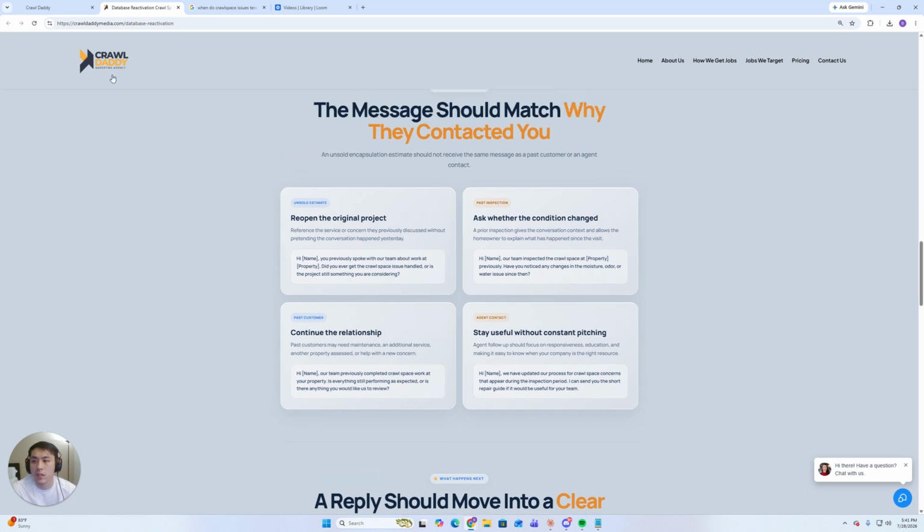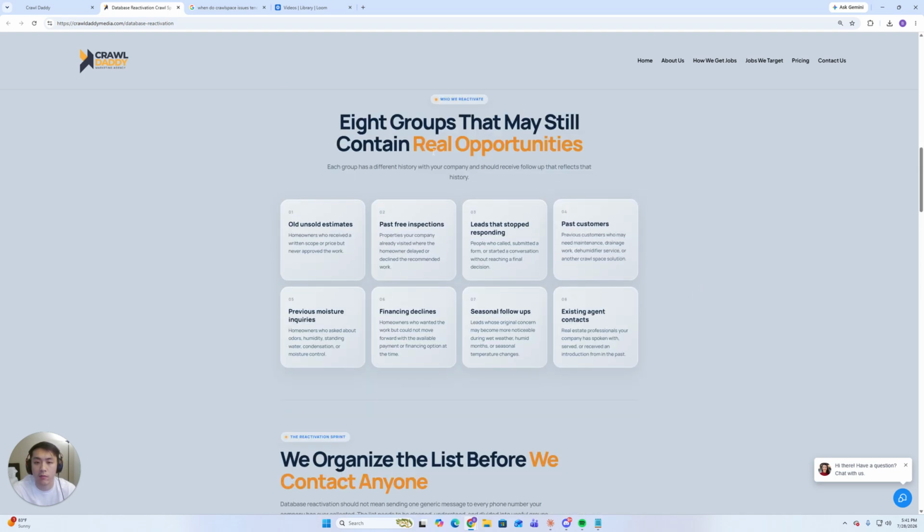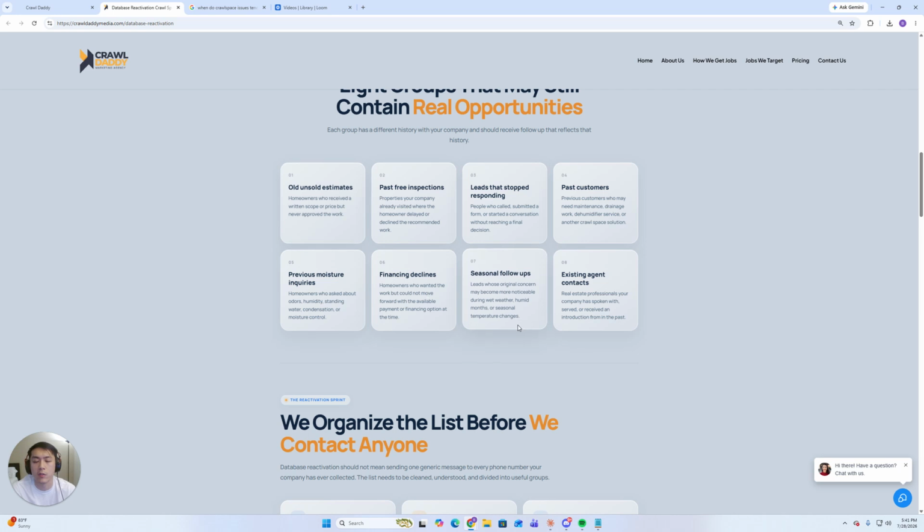Who is database reactivation for? This is for contractors who have worked with a lot of people that fall into these 8 categories and can potentially get them to move forward with service for your business.